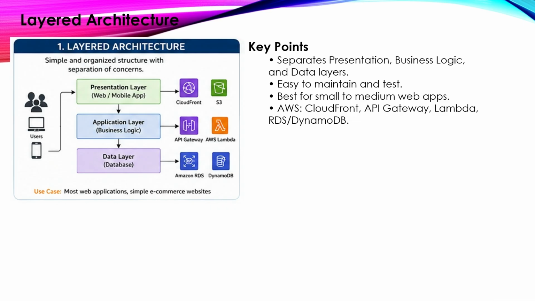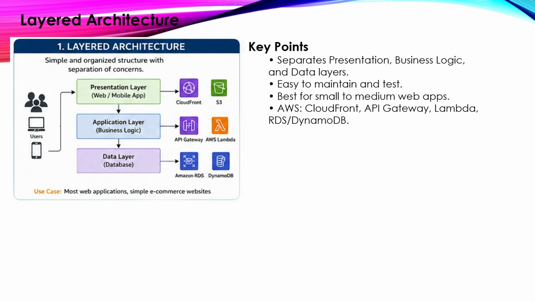The presentation layer displays the website. The business layer handles searching for products and placing orders. The data layer stores the products, customers, and orders. Separating these responsibilities makes the application easier to maintain, easier to scale, and easier to test. That's exactly what the layered architecture pattern is all about.